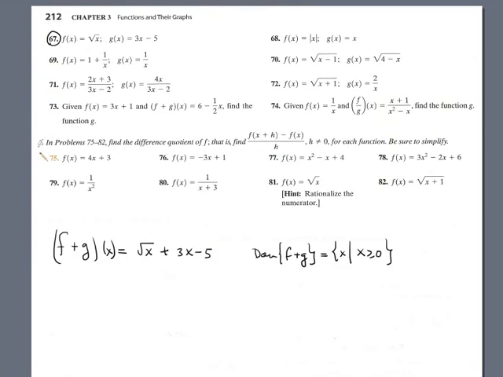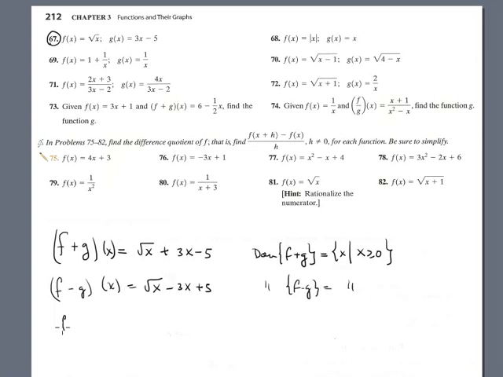Okay, now subtraction. Subtraction is similar. The only difference is square root x minus, this is minus 3x plus 5. And the domain of f minus g is exactly the same.